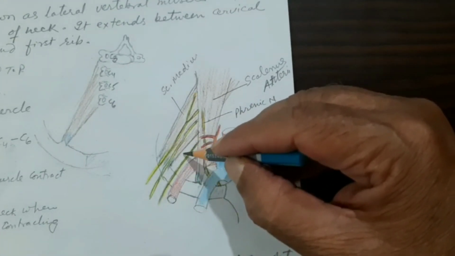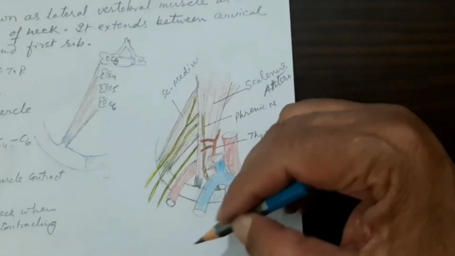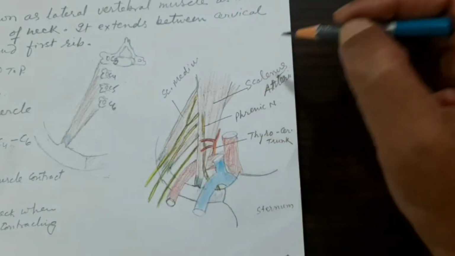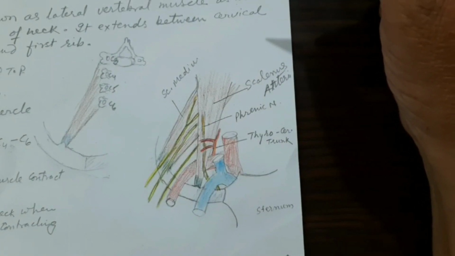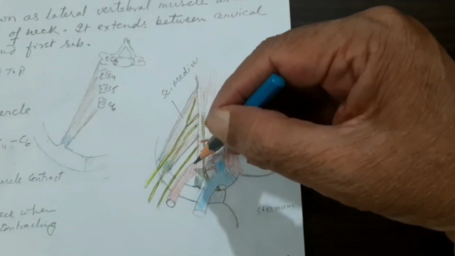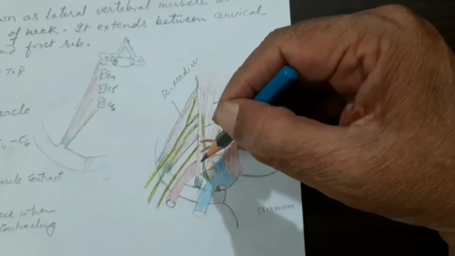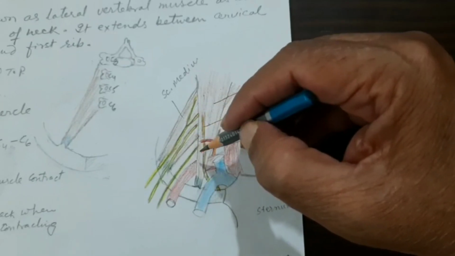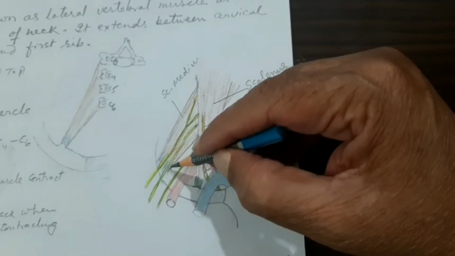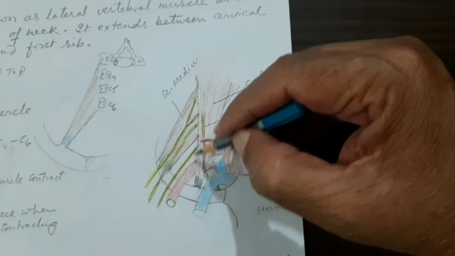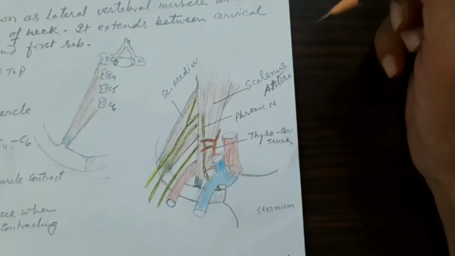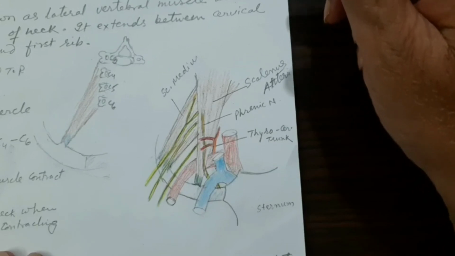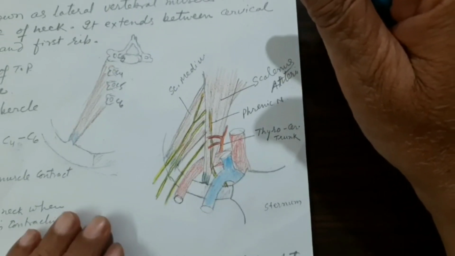The contents come out through this triangle towards the axilla. They pass through this narrow space of the triangle. Why is it called the scalene triangle? Because this triangle is bounded by the two scalene muscles, anterior and medius.